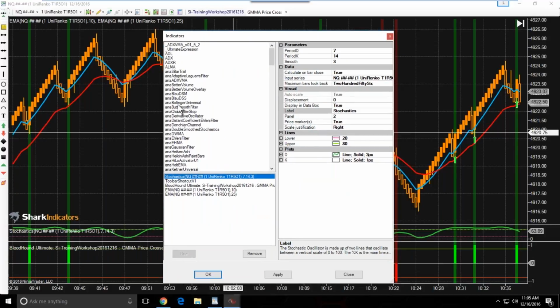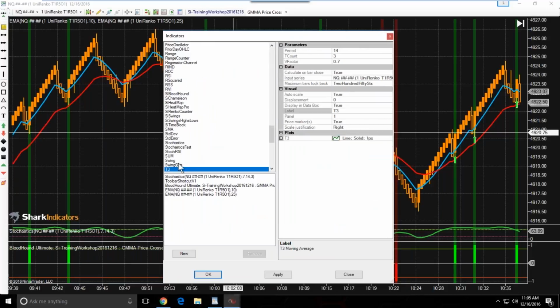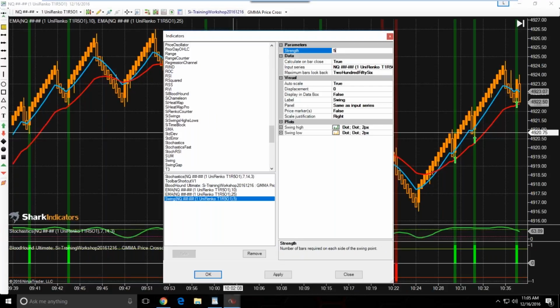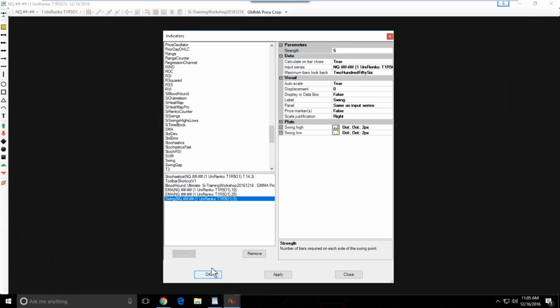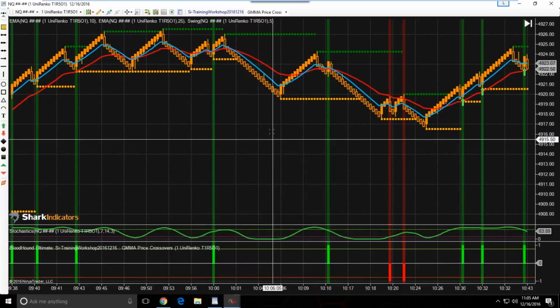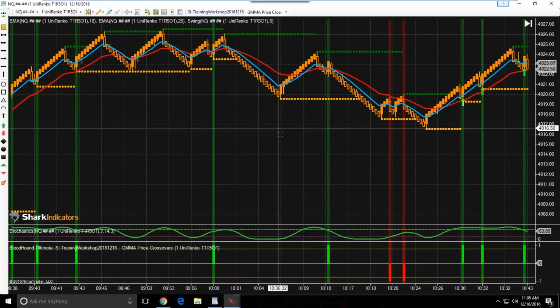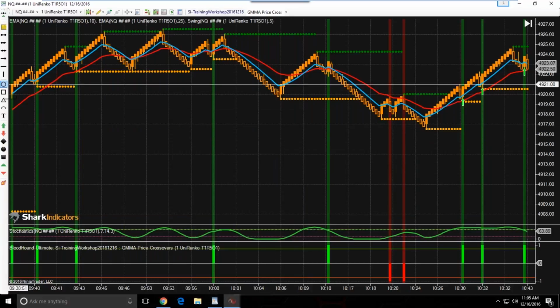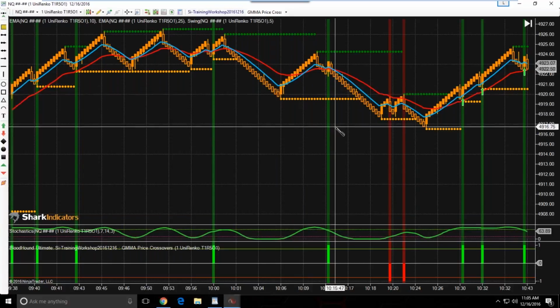Let's see. I need to find the swing indicator and put that on my chart here. All right. So Charles, any preference? Is just using the default 5 good enough? I'll just put 5 on there for now. Okay, so let's see how we draw on the chart here.